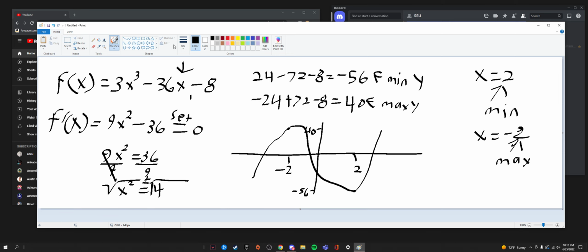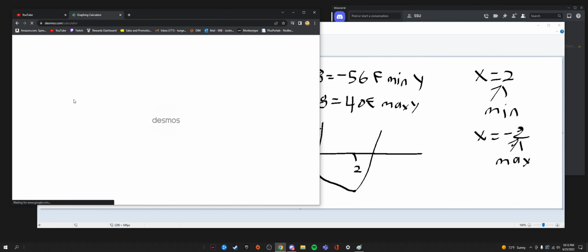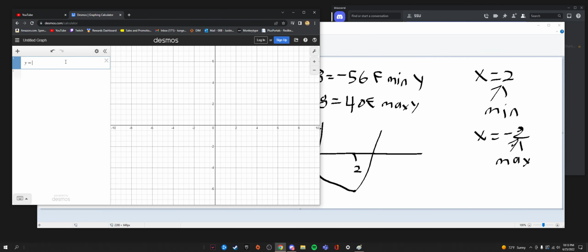Okay. But now let's go to Desmos and actually show what it looks like. So we have y equals x cubed. Wait, no, it's 3x cubed, plus, what is it? Oh no, it's minus 36x minus 8.